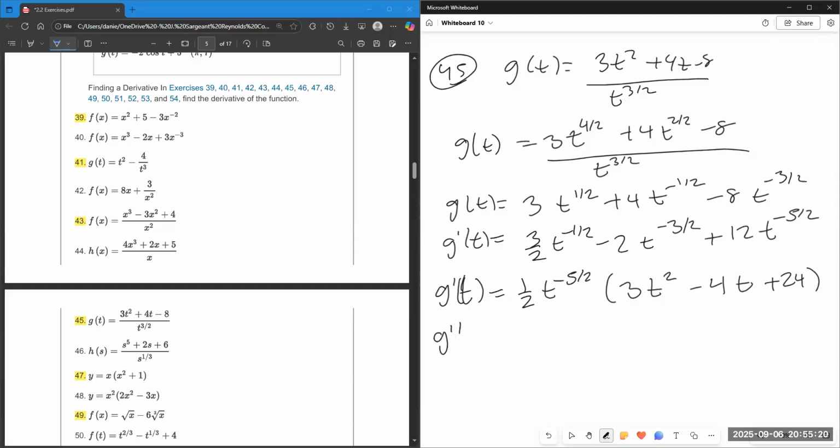So g prime of t is going to be 3t squared minus 4t plus 24 over 2t to the 5 halves.